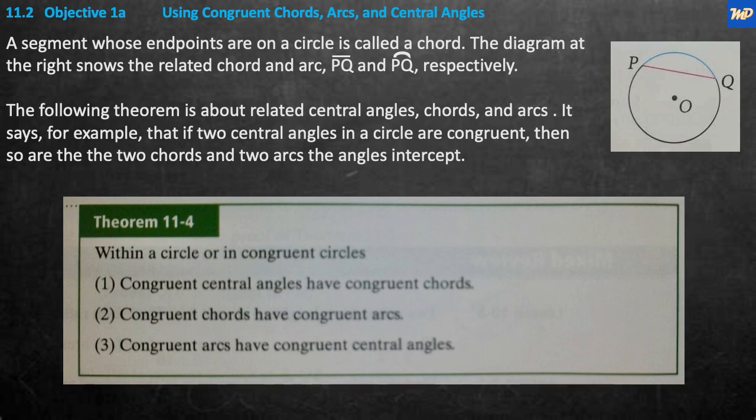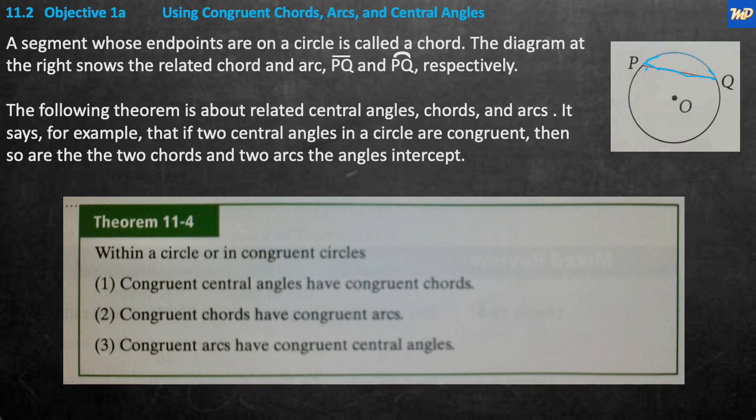So this chord going through the circle, from here to here, is named the same as the arc about the circle right here, PQ. And those are the two we're talking about.